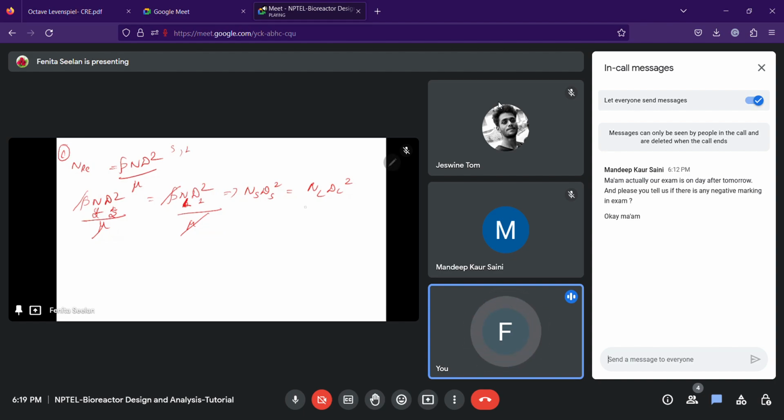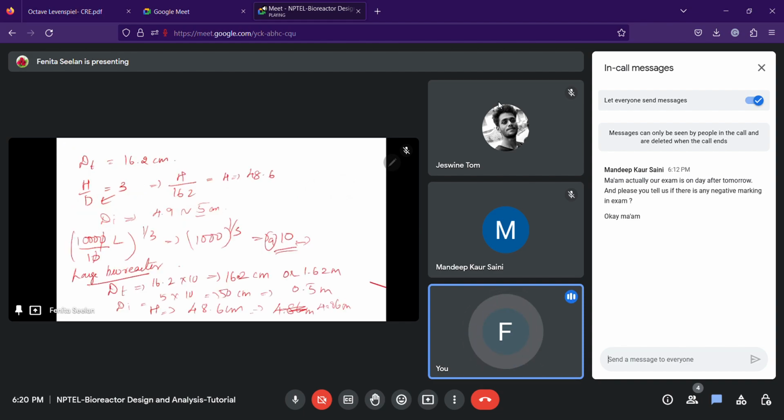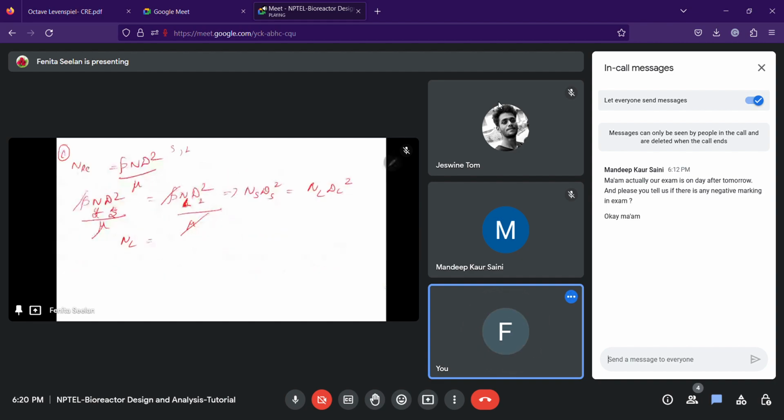If you rearrange these things, you were asked to identify the larger bioreactor's agitator speed, which is nl, right? So nl is equal to ns ds square divided by dl square. If you calculate things, we will be able to get the answer.